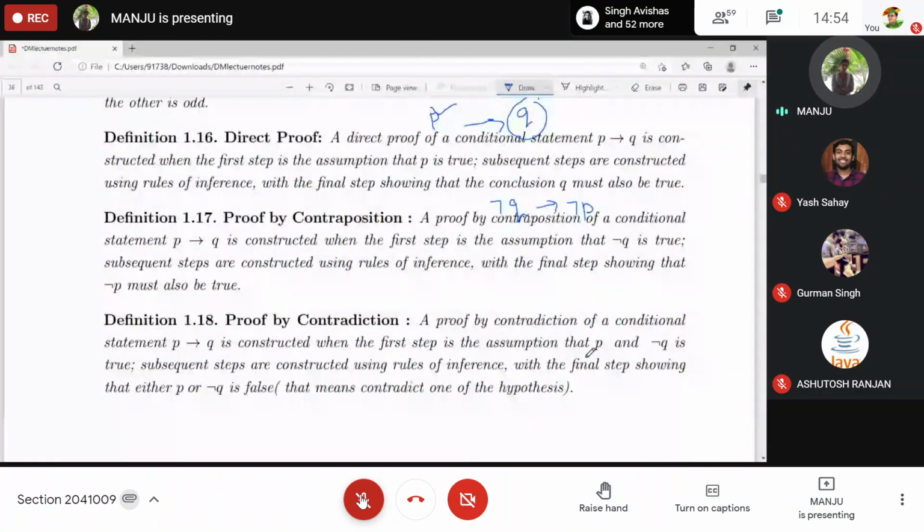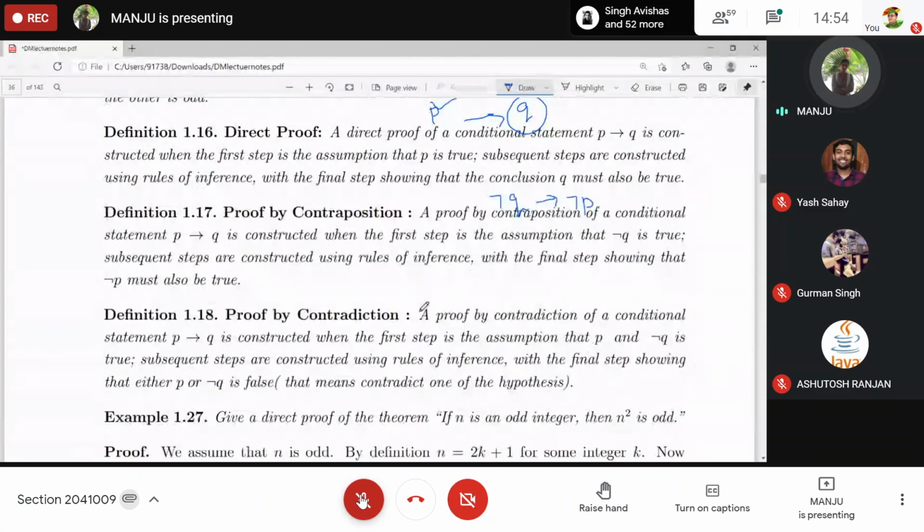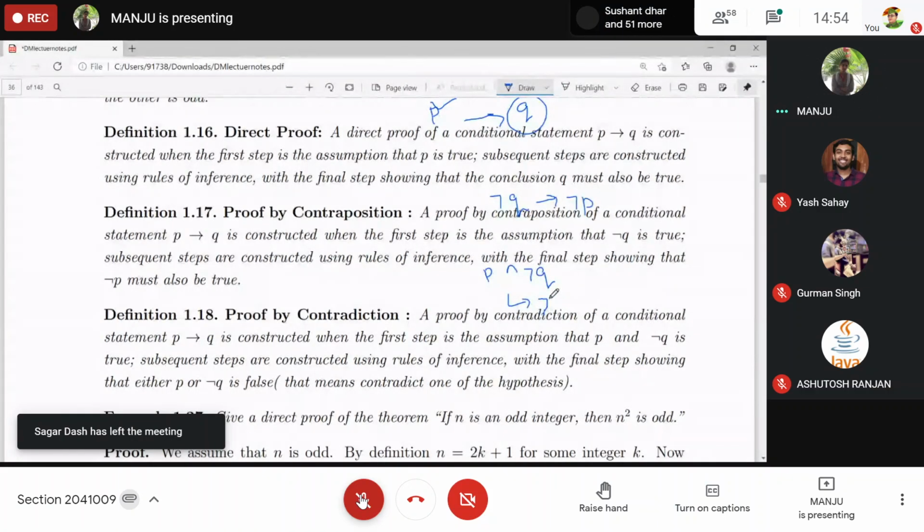In contradiction, P is given, that we assume, and also we assume negation of Q. We want to prove Q, but in place of Q, we assume the negation of Q. So obviously, if we have assumed negation of Q, we will have some wrong inference, wrong derivation.